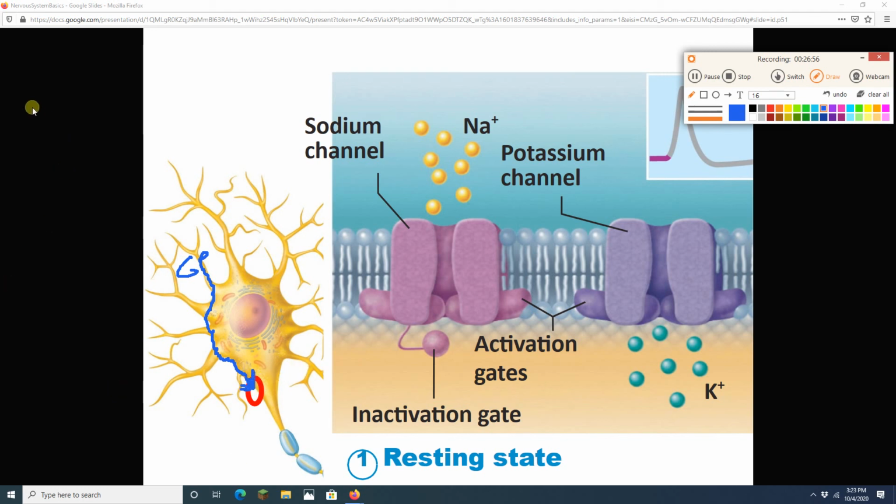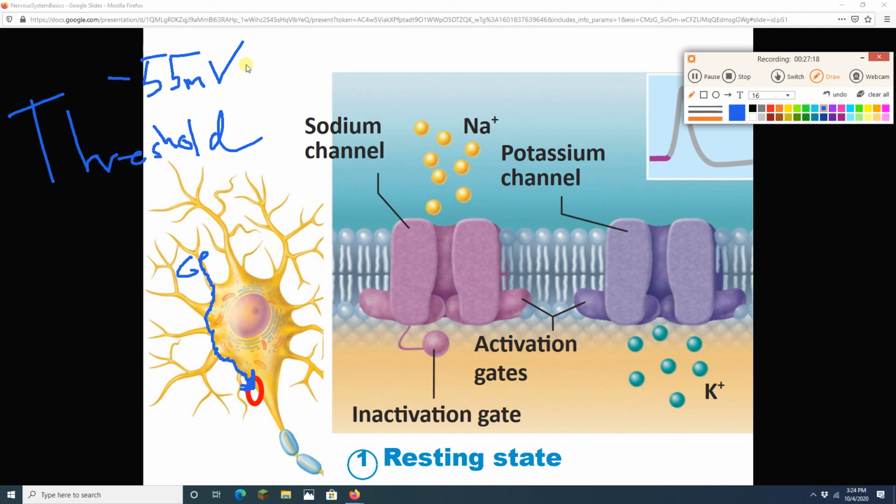Big enough to do what, right? Big enough to get my axon's membrane potential at that spot to achieve threshold. What was threshold again? Negative 55. Threshold was the magic value at which we are going to get an action potential.